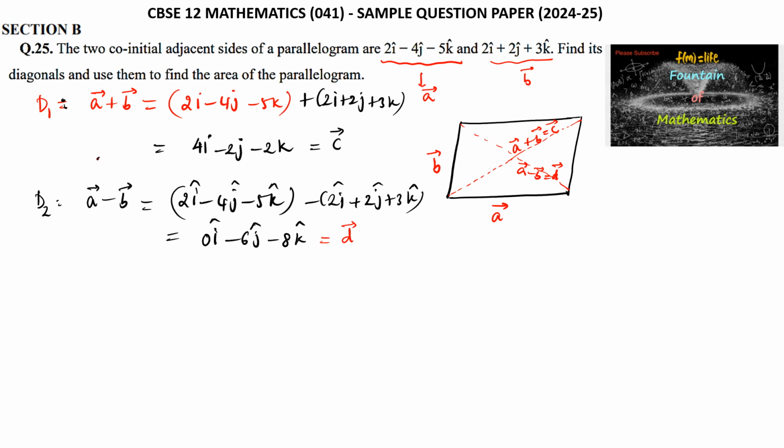So the vector C and vector D are the diagonals, and using the diagonals we need to find the area of the parallelogram.